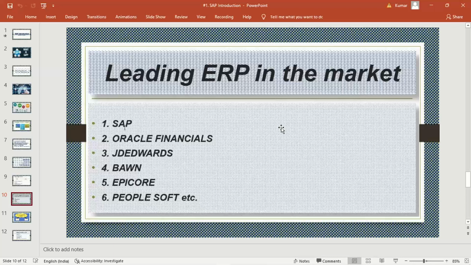SAP doesn't work like that. SAP says that for every problem and every requirement, there is one single solution, that is SAP. Whichever kind of business you are in doesn't matter; if you implement SAP, it is going to cover all of it. For example, there are certain ERPs developed particularly for the finance department only. What about the sales department?